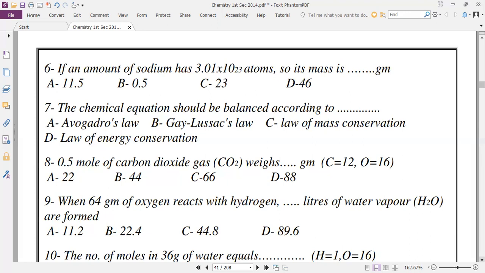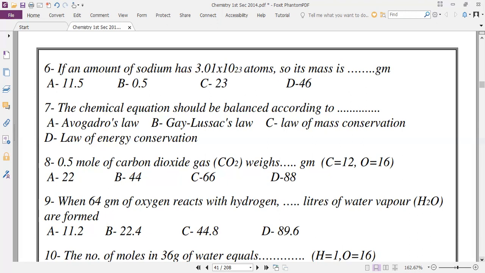Right? Yes. So number of moles equals what? We are going to divide 3.01 times 10 power 23 by Avogadro's number 6.02 times 10 power 23. Try to calculate it. 0.5 mole.